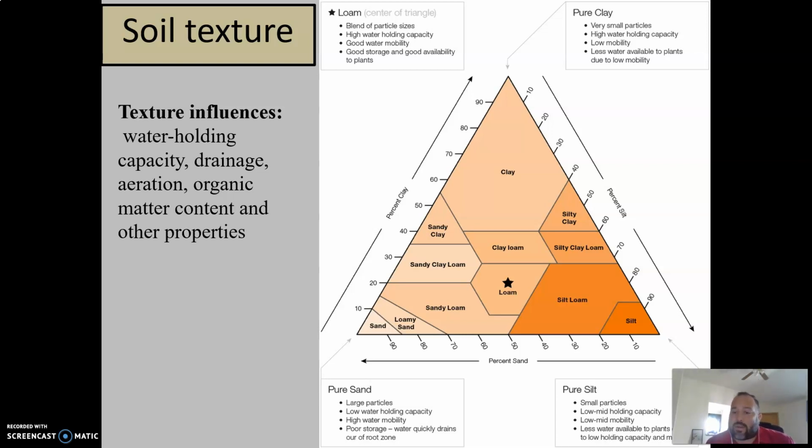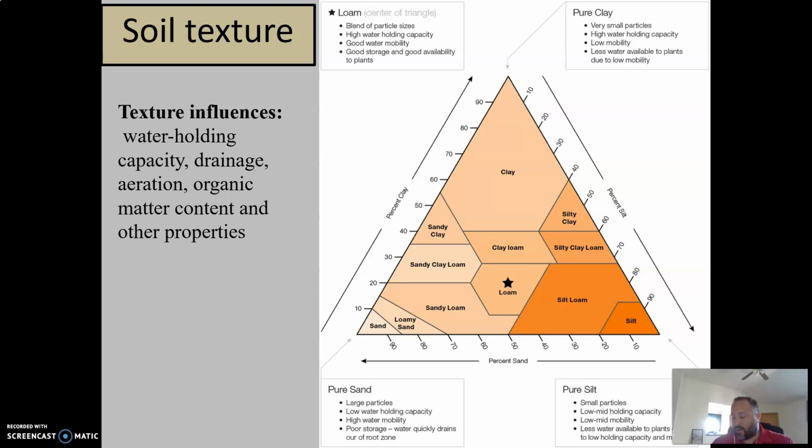And I don't expect you guys to be experts at the soil texture triangle or use it, but I want you to just get this idea that every type of soil is going to be sand, silt, and clay. So we talked about that part. So what we kind of look at in terms of a perfect blend of sand, silt, and clay, and the influences of each of those types of particles, is a loam soil.